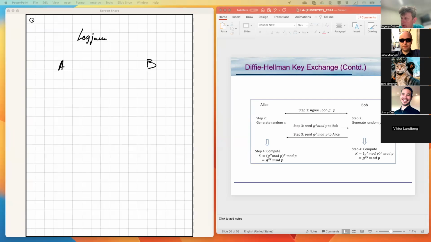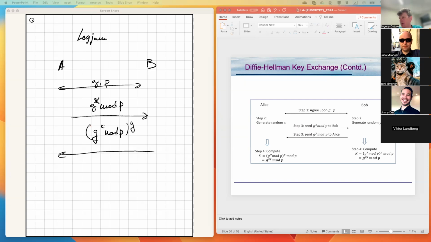First G and P, and then G to the power of X mod P, and back, G to the power of X mod P to the power of Y. So these are three steps, and now our intruder is able to record all three messages.